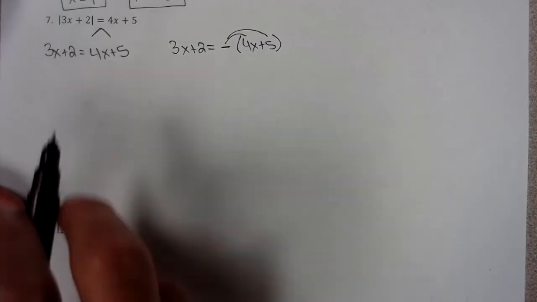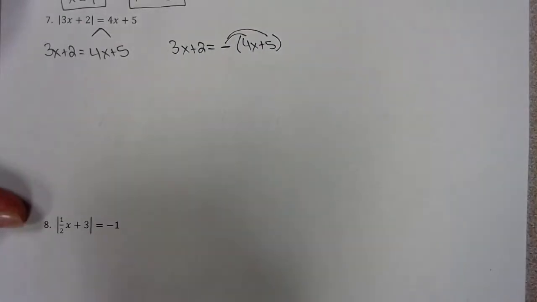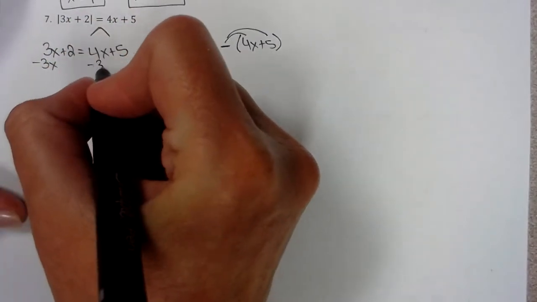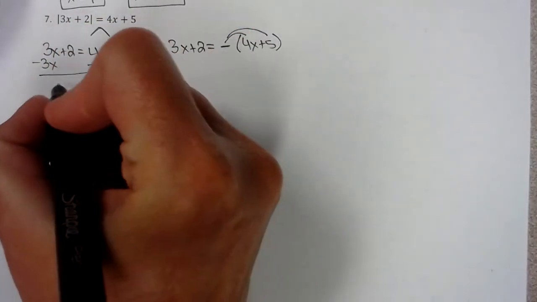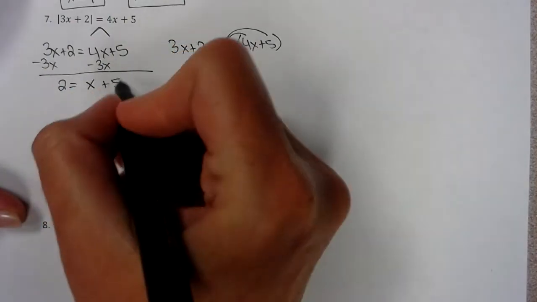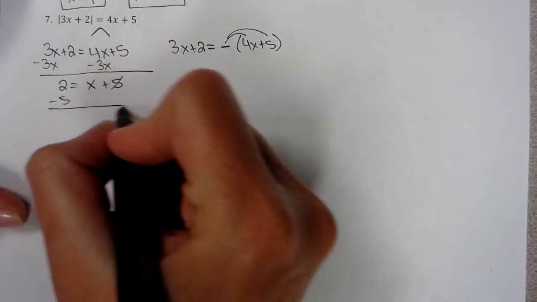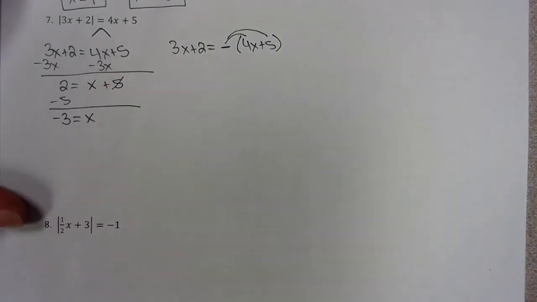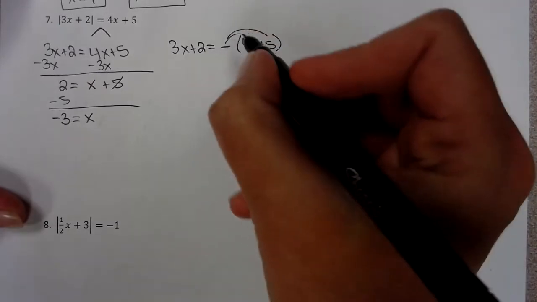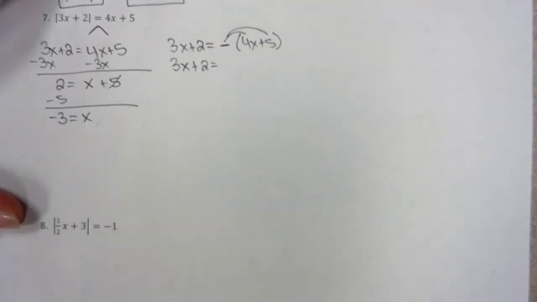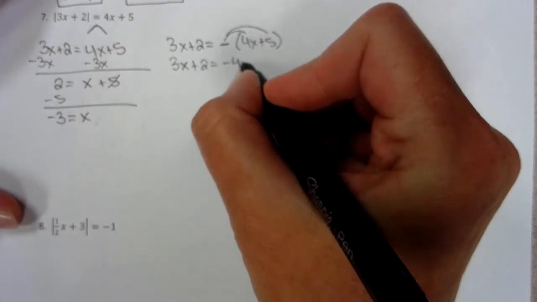Let's finish the first one off. So we're going to do some algebra and solve for x. So I'm going to subtract the 3x over to one side. Subtract the 5. So x equals negative 3. Move over to the next one and distribute your negative.